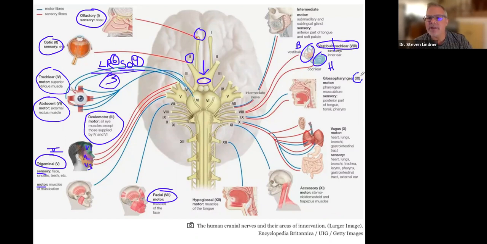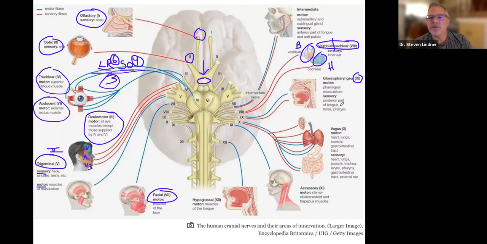Cranial nerve number 9 is the glossopharyngeal. It does sensory and motor. Cranial nerve 9 deals with the gag reflex. Like when the doctor tells you to say ah, and they touch the back of your throat and it closes up, like the gag reflex. That's cranial nerve 9 for the sensory. And the motor deals with the muscles of the back of the throat. So sensory for the gag reflex, and motor, it makes the muscles contract.